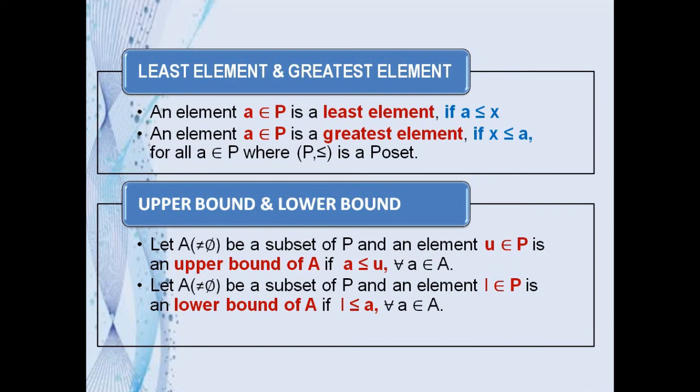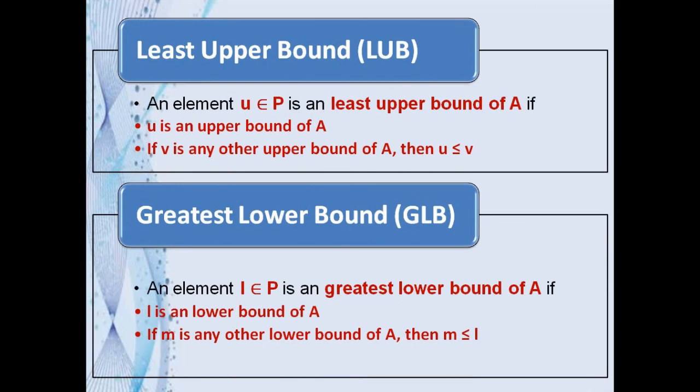Now we define the upper bound and lower bound of a set A, which is a subset of a poset P. If there exists an element U in P such that U is greater than or equal to all the elements of A, then U is an upper bound of A. Similarly, if there exists an element L in P such that L is less than or equal to all the elements in A, then L is called a lower bound of A. The least upper bound and greatest lower bound are special cases of upper bound and lower bound respectively.